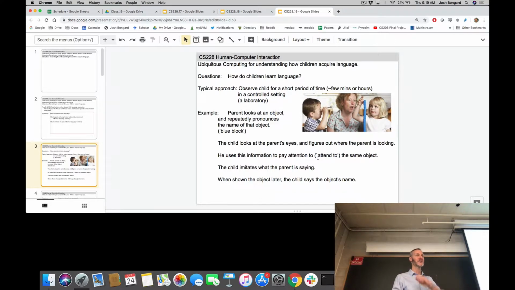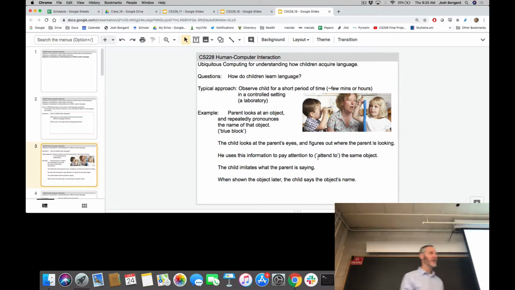If a parent is directing a child's attention to an object while saying the name of that object, and then the child says that object as well, that seems to suggest that hypothesis, right? Seems to make sense. But we gave the parent the script to do this. What if we gave the parent the script to do something else and found that that also triggered the child to say the word blue block?